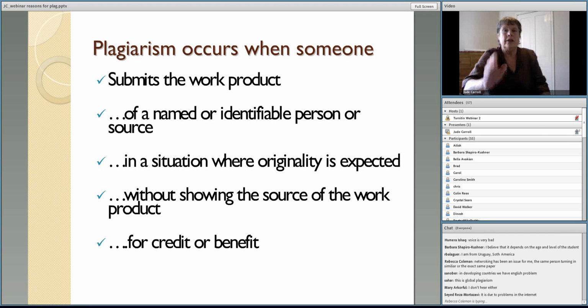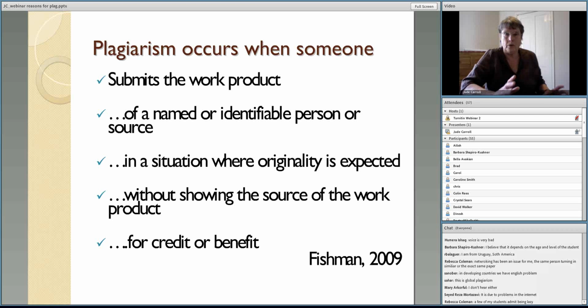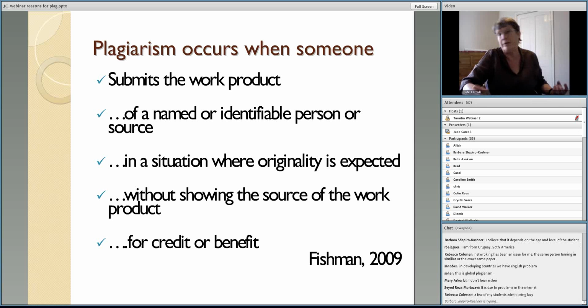Now, this business of the difference between that, and I'm hoping what's coming up on your screen is the name Fishman 2009. I'm saying, look, this is not my definition of plagiarism. This is not me saying this here. It's actually Teddy Fishman, who runs the Center for Academic Integrity in the US, and who's written a really nice paper using this definition.